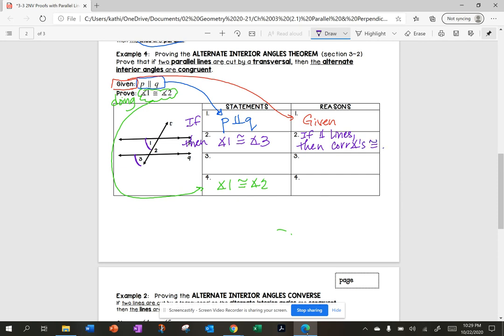Okay, so I write it together, if and then. Then I know that angle 2 and angle 3 are congruent, and they are congruent because they're vertical angles. So this is the definition of vertical angles.